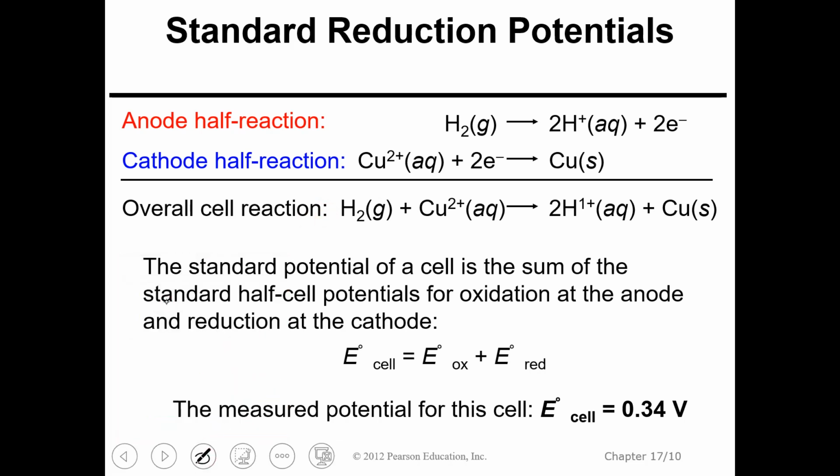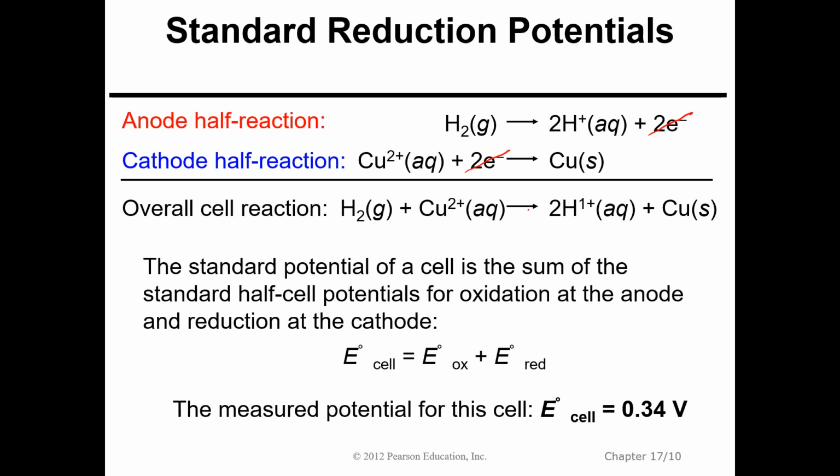So we know that when we add the anode half reaction and the cathode half reaction together, the electrons should cancel out so that we're left with no electrons in our overall cell reaction. Well, we can measure the standard potential of that cell, in other words, the voltage that we get out of that cell.